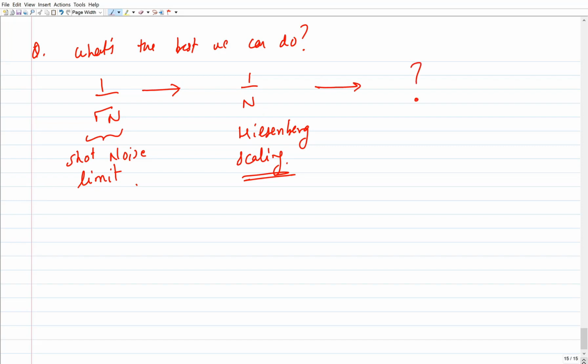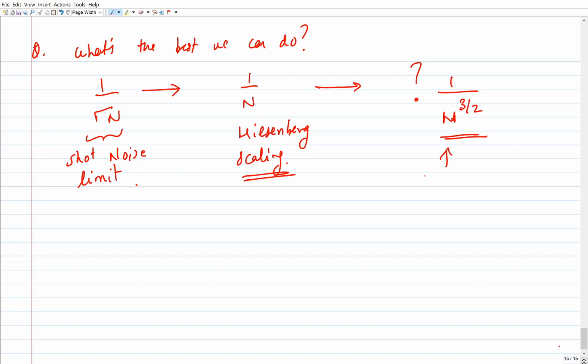The question is, what is the ultimate bound? What can quantum mechanics do ultimately? Any aspect of quantum mechanics, you use the squeezed states, entangled states. I must confess, I myself do not know the answer, but I know that there are schemes which help you achieve n to the 3/2 scaling.